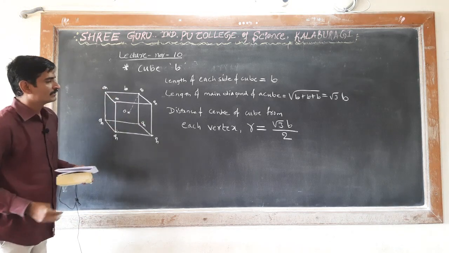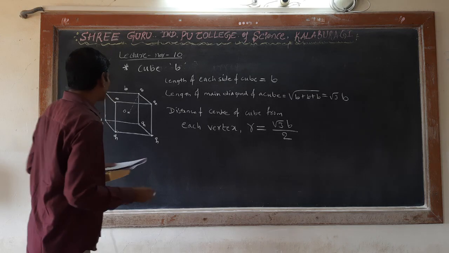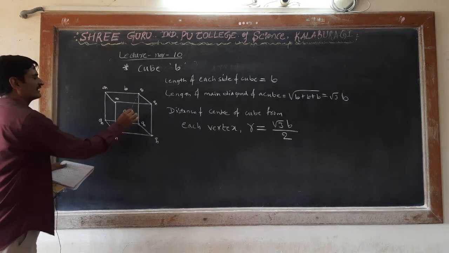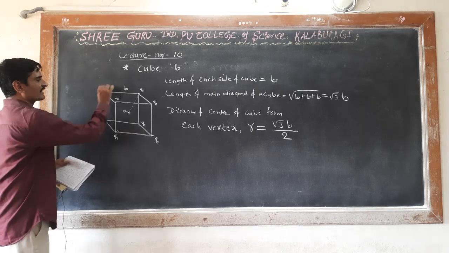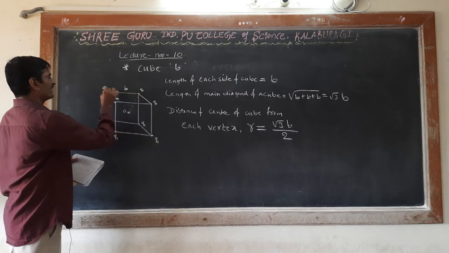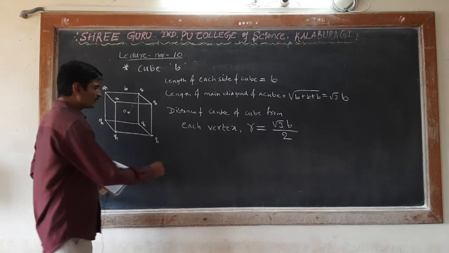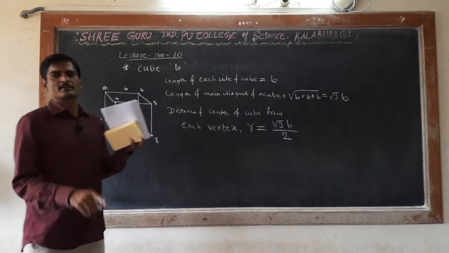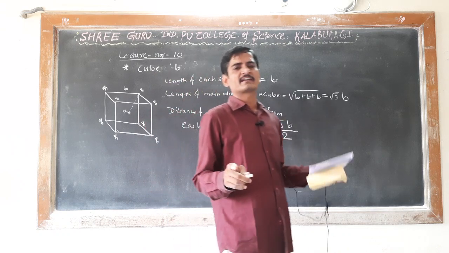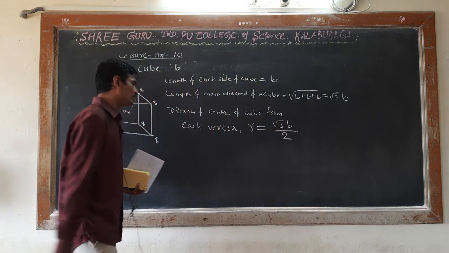Understood? Okay. So now what do we want? We want the electric potential at the center of the cube. All the charges are identical, that is small q, and all are positive. So now find the electric potential at the center due to only one charge.